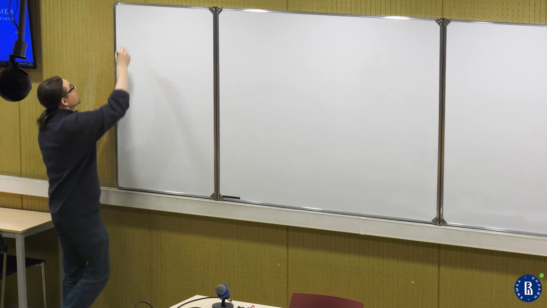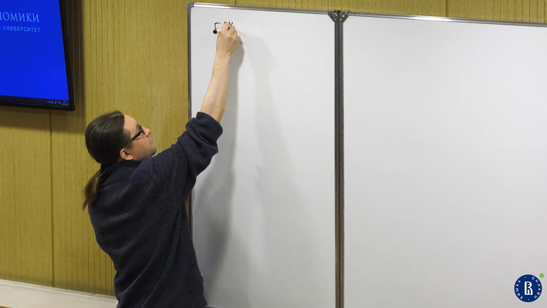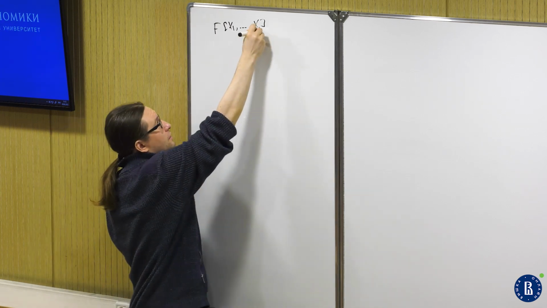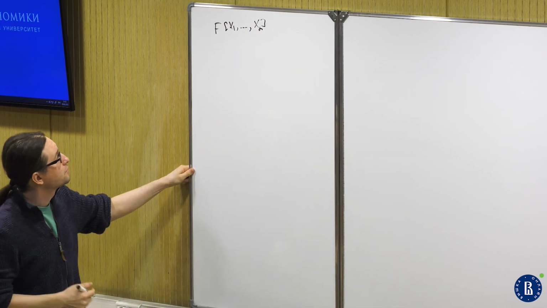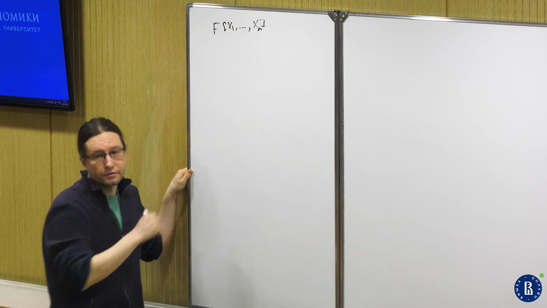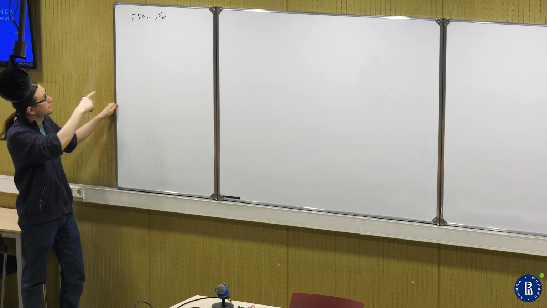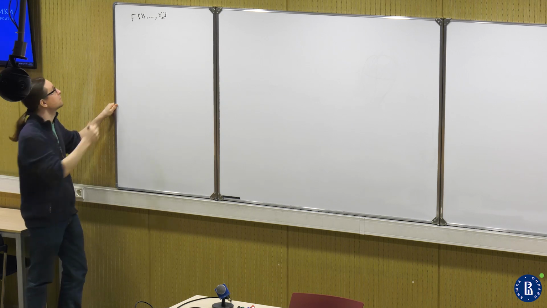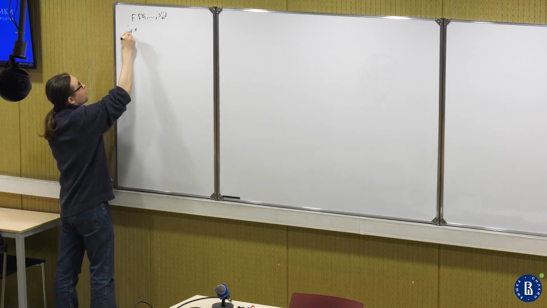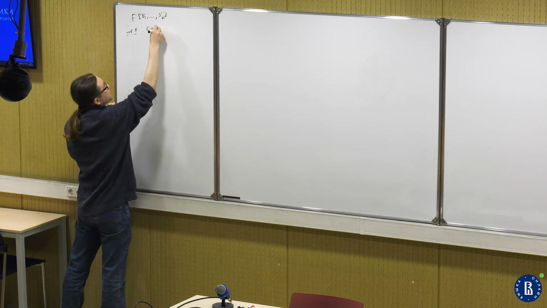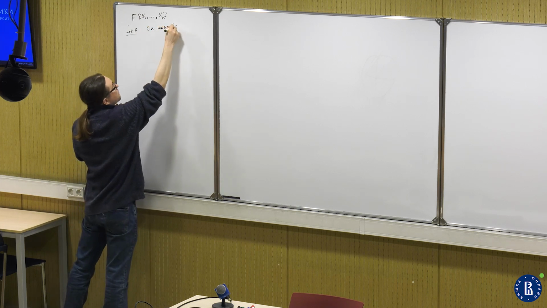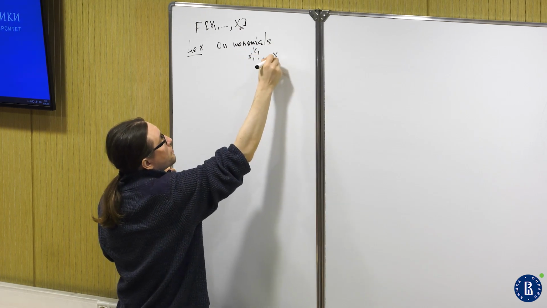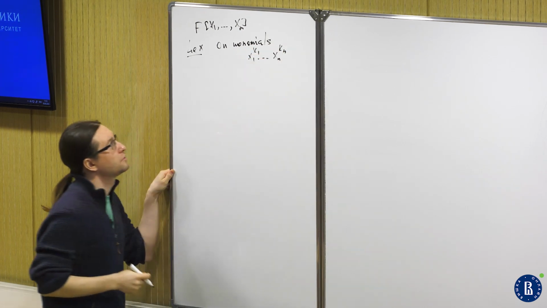We discussed polynomials in several variables. F is a field. x1, ..., xn are the variables. This is the ring of all polynomials in variables x1, ..., xn with coefficients in F. Then we defined a lexicographical ordering on monomials, which are just the products of variables.